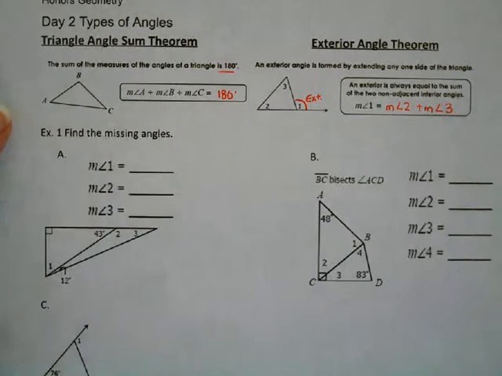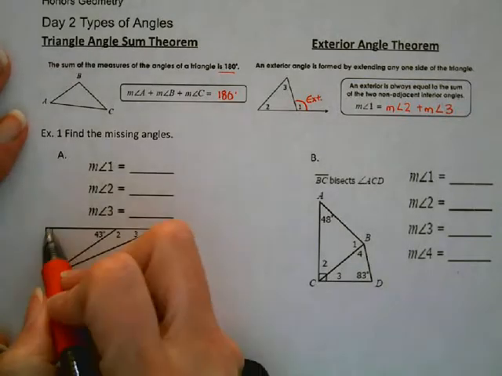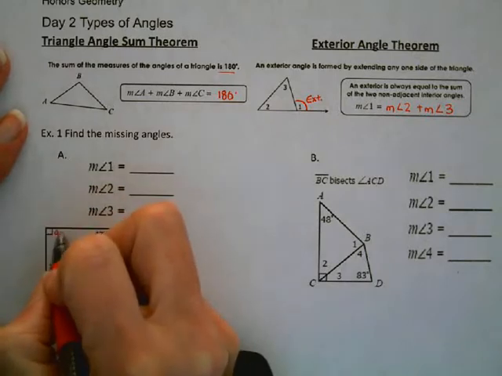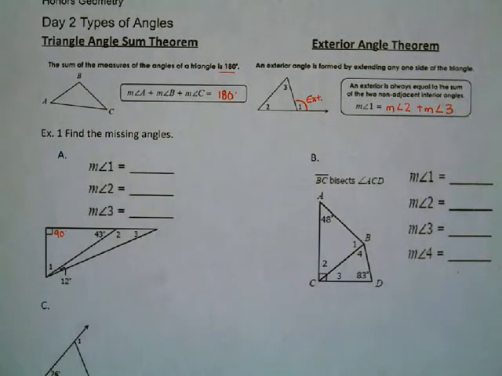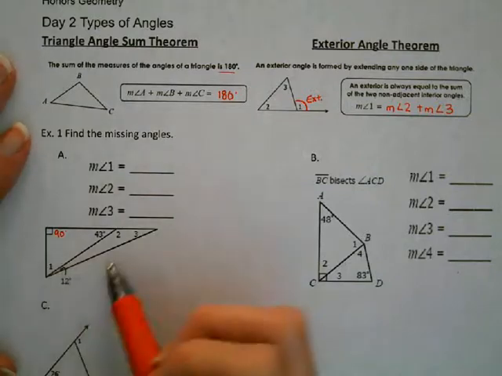So we're going to apply these to some pictures and find a bunch of missing angles. They always give you some angles in the picture, but you have to remember some other things that we've learned, like a box is 90 degrees. So if you see a 90-degree corner there, just put 90 degrees there. Sometimes triangles overlap with each other, sometimes triangles are inside of other triangles, but let's say we want to find angle 1.